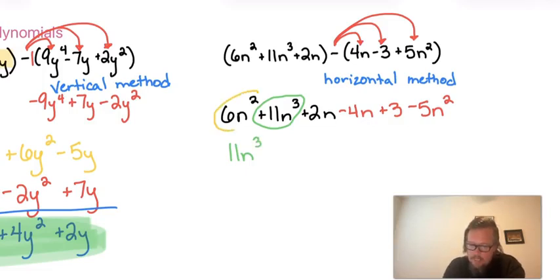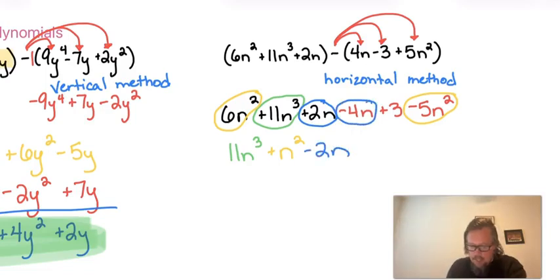So I've got a 6n squared minus 5n squared. 6 minus 5 is 1, so a 1n squared, or just n squared. Then let's see what else we've got. I've got a 2n minus 4n. That's a minus 2n.